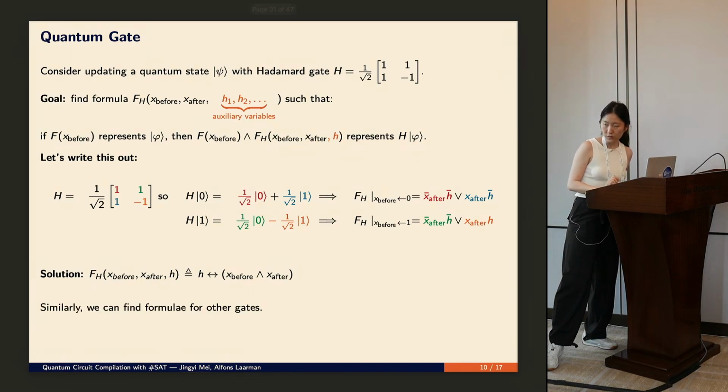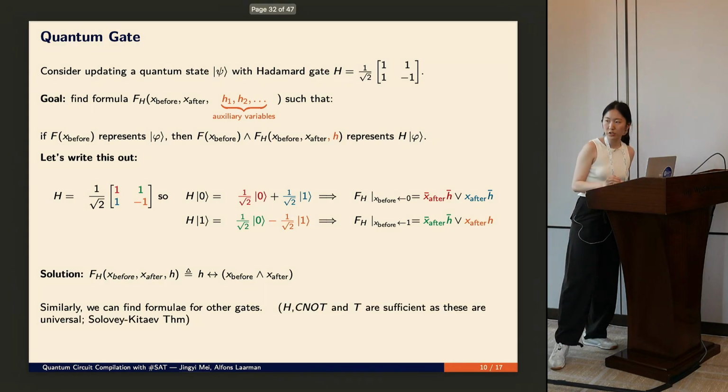So we can do the same procedure for other quantum gates, even for a general unitary operation, and encode it this way. But actually, we can just encode a universal gate set to do universal quantum computing.